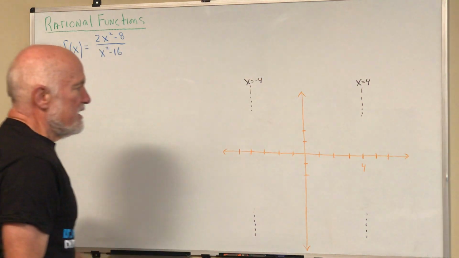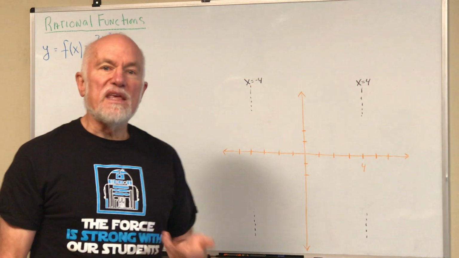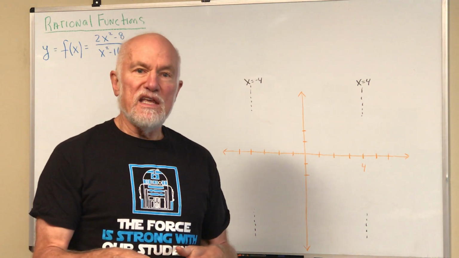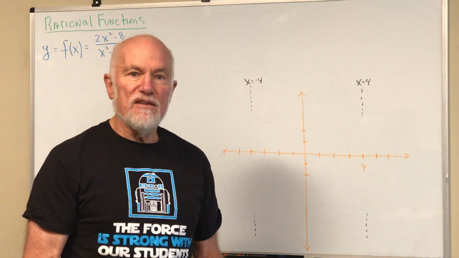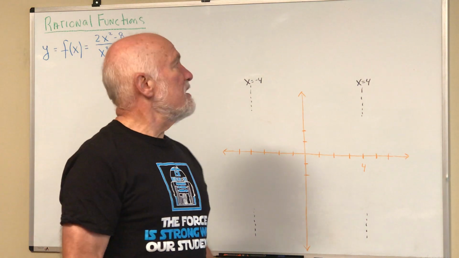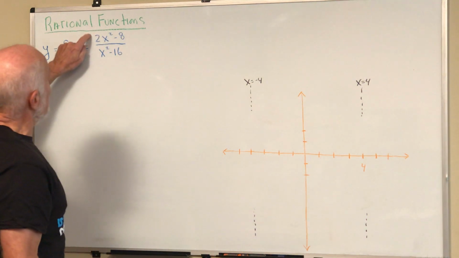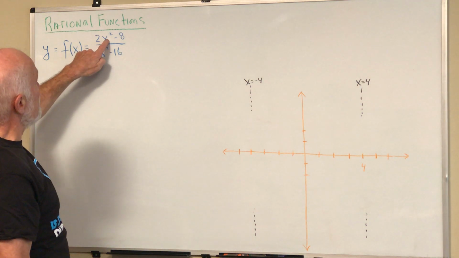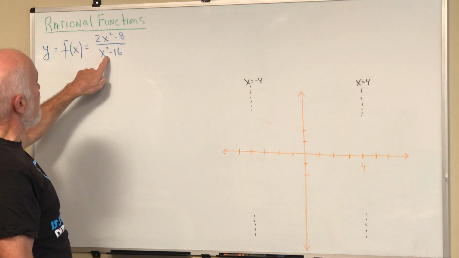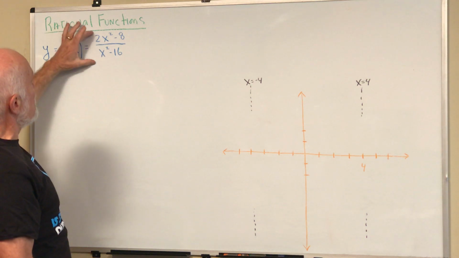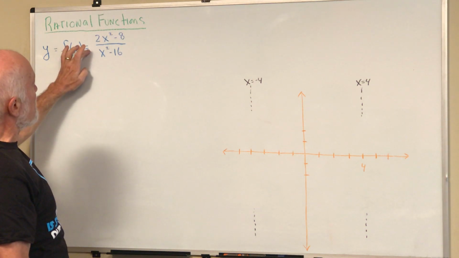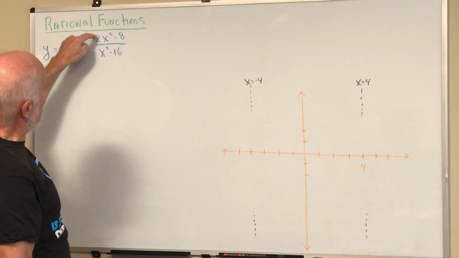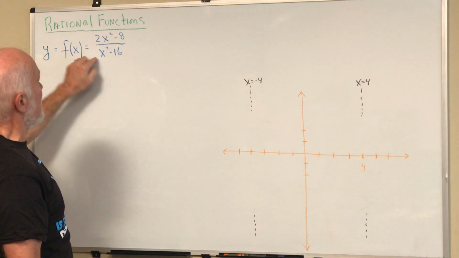Now, end behavior asymptotes we get by taking the limit as x approaches infinity and the limit as x approaches negative infinity. And I think you might remember that when the highest power of x in the numerator is the same as the highest power of x in the denominator, when you take the limit of this as x approaches infinity, you're just going to get the coefficients, 2 over 1.